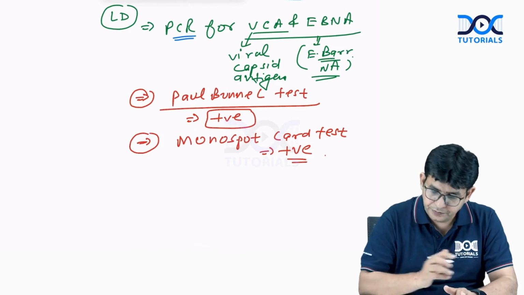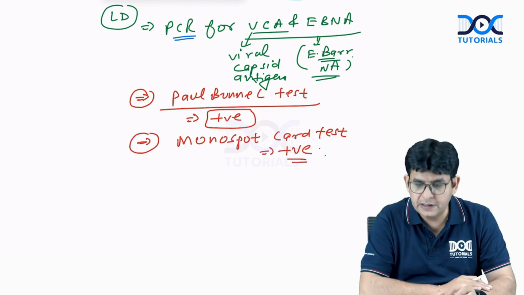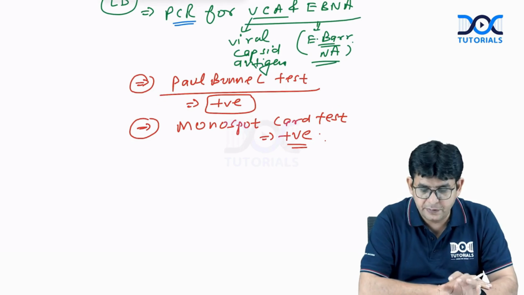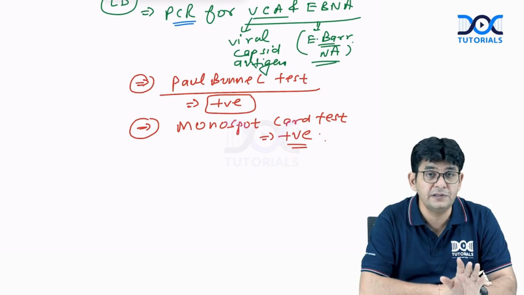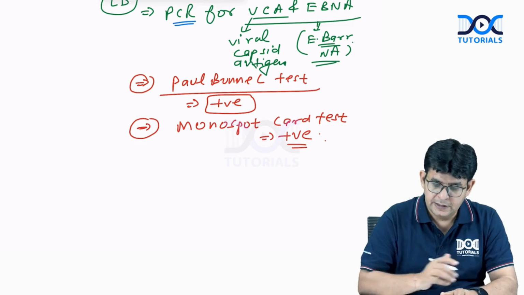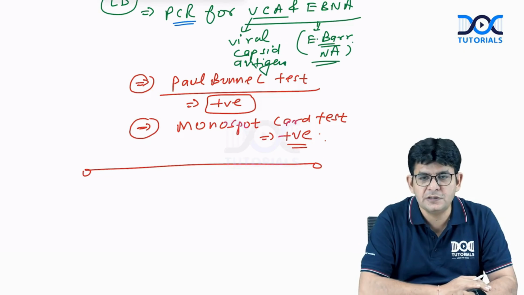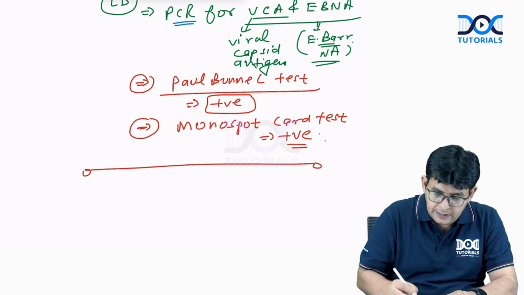Is it fine? So remember this particular point also, that the monospot card test is found to be positive. Paul-Bunnell test is positive in the case of infectious mononucleosis. Is it fine? So this is regarding infectious mononucleosis which you should know.